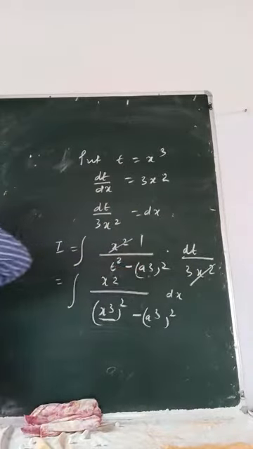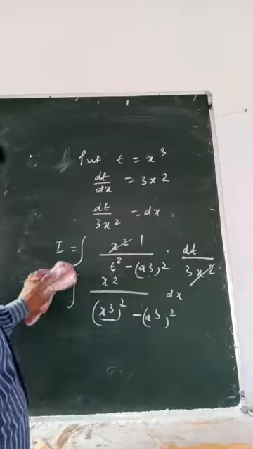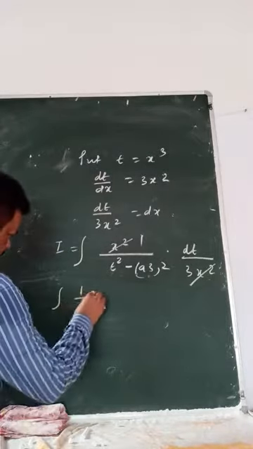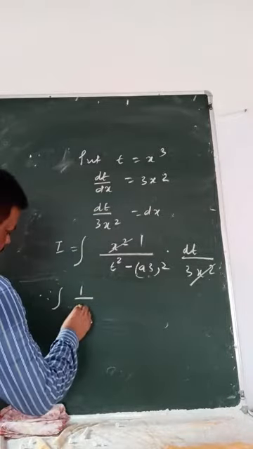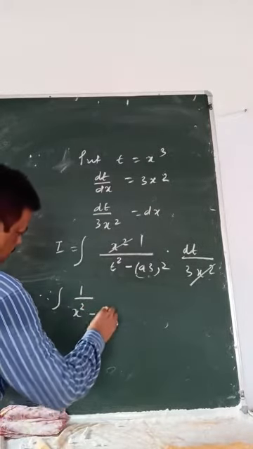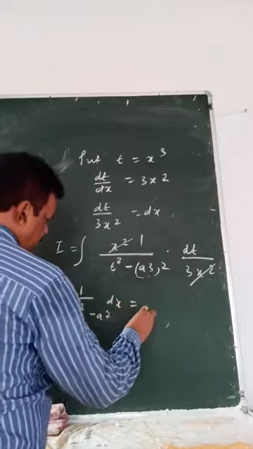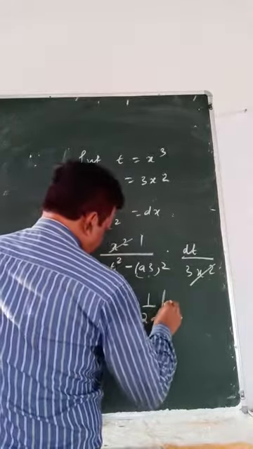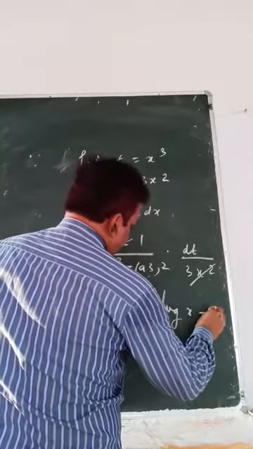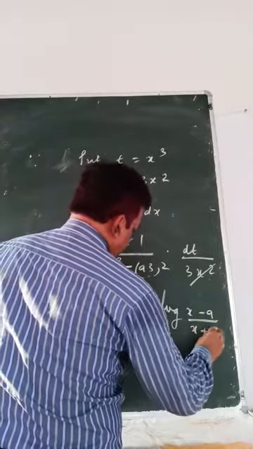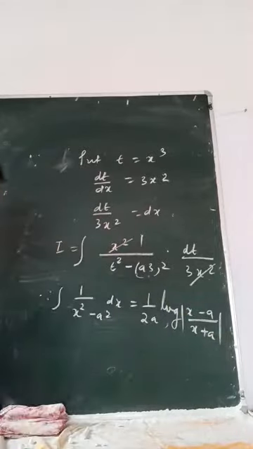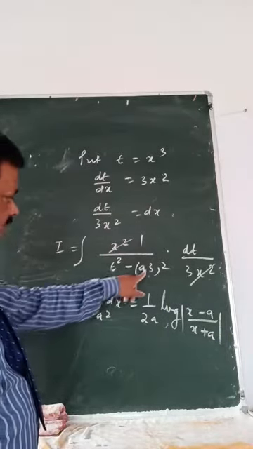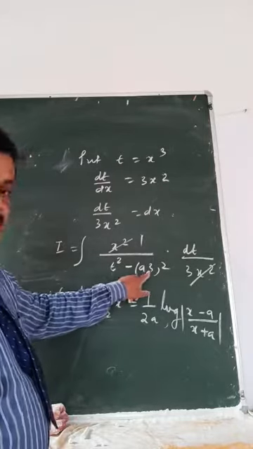So which formula do I have to use? Remember, I have given you the integral of 1 by x square minus a square dx equals 1 by 2a log of x minus a by x plus a. In place of x you have got t, in place of a you have got a cube. It doesn't matter because this is a constant term.